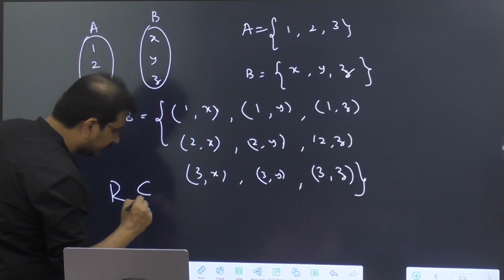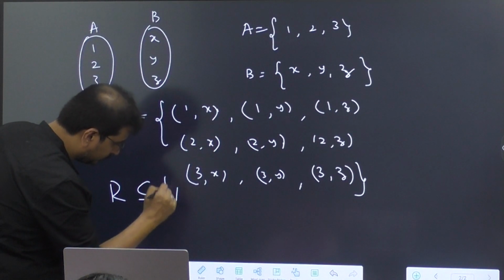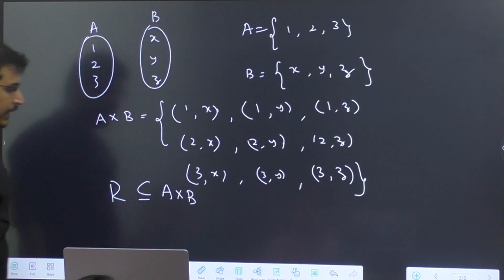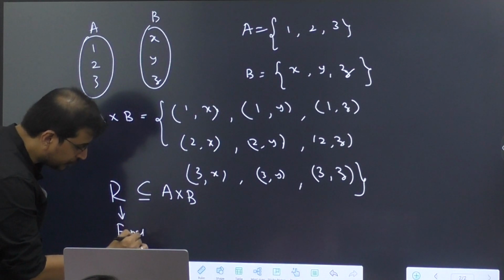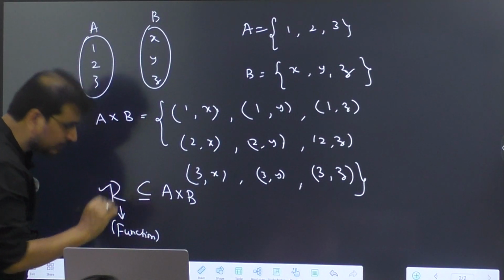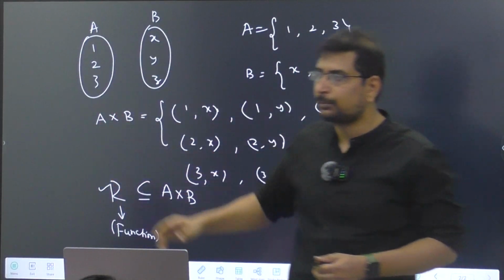So R is a subset of the Cartesian product, A cross B. Under relation, you have something called function. But as of now, I will stop with relation because our topic is first understanding what is relation and what are the different types of relation.